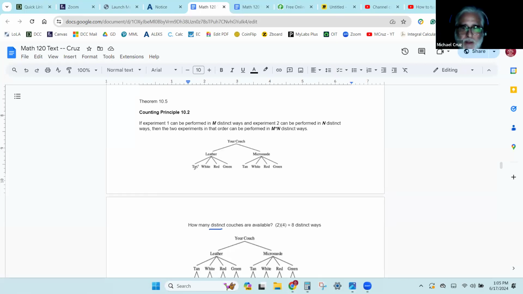So see, you've got tan leather, white leather, red leather, green leather, tan micro suede, white micro suede, red micro suede, green micro suede. That's the 8. It's just a matter of multiplying. And the reason why these methods are important is because we don't necessarily need to see exactly what the elements are. We just need to know how many there are. Because when we calculate probabilities, we're just using the number of ways to do something.